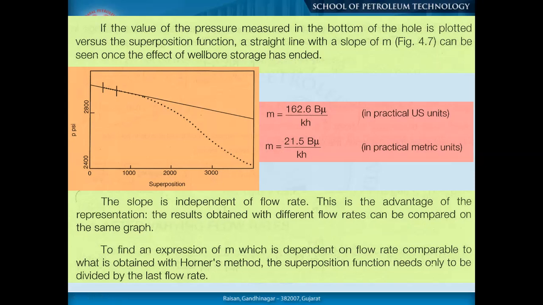To find an expression of m which is dependent on the flow rate, comparable to what is obtained with Horner's method, the superposition function needs only to be divided by the last flow rate. Initially people tried to understand things in a very simplistic manner. By changing different functions, they tried to get a straight line domain so that the reservoir behaves homogeneously.